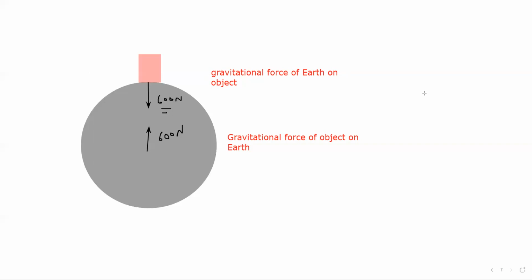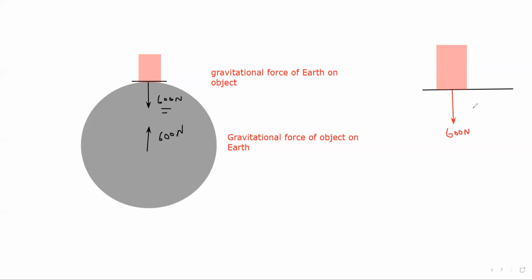But then when we consider the surface, the Earth surface is in contact with the object, and there is a downward force. The gravitational force is there downward, which is 600 Newton. But that downward force on the surface is now an electrostatic or electromagnetic force, because that's due to the contact.